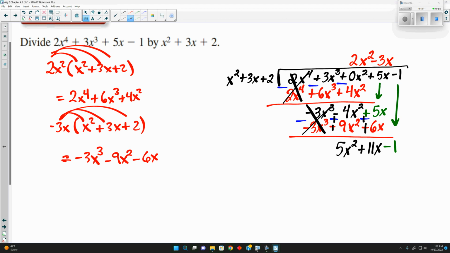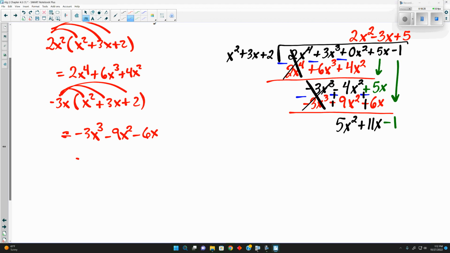So we need to do this at least one more time because we did bring down the last term. So we're trying to see what times x squared is 5x squared. It's going to be 5. So we're going to multiply 5 by our x squared plus 3x plus 2.